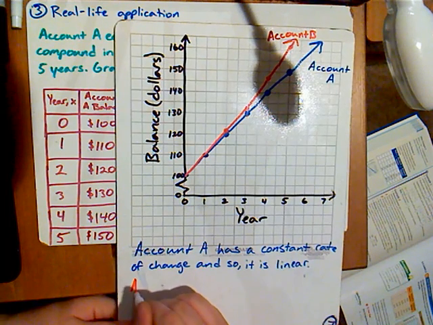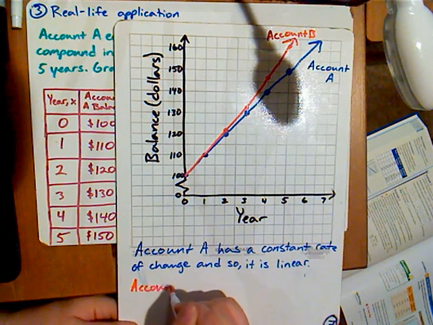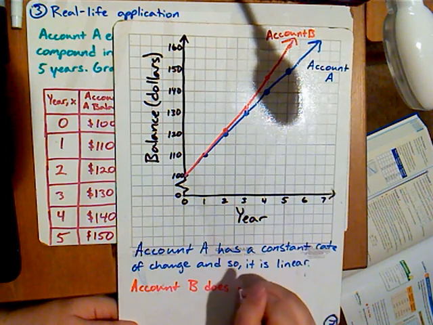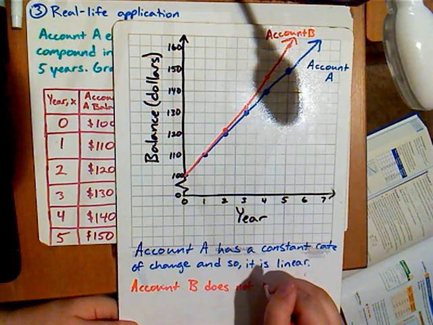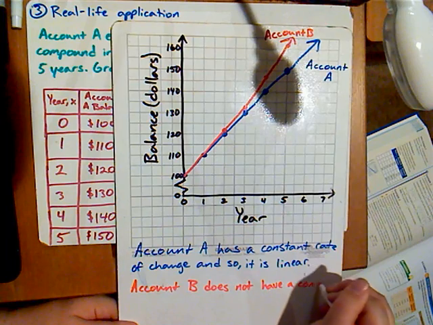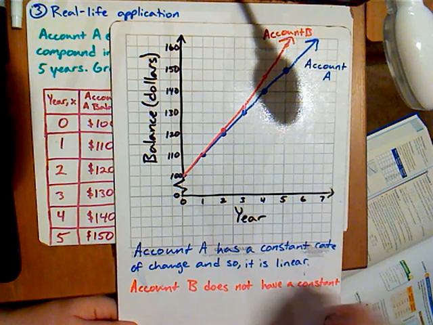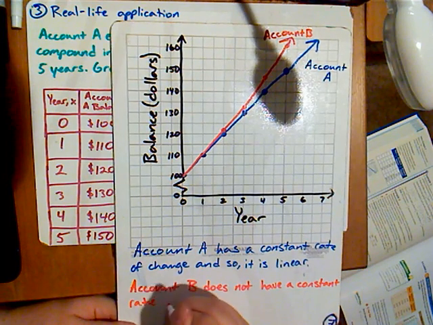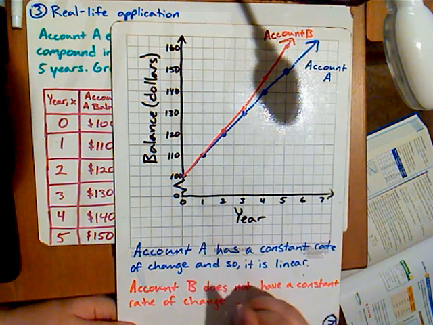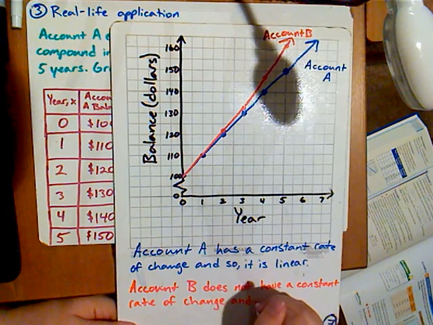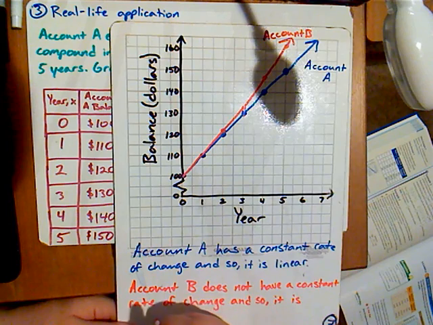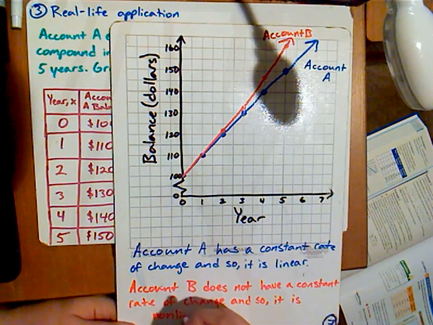So account B does not have a constant rate of change, and so it is nonlinear.